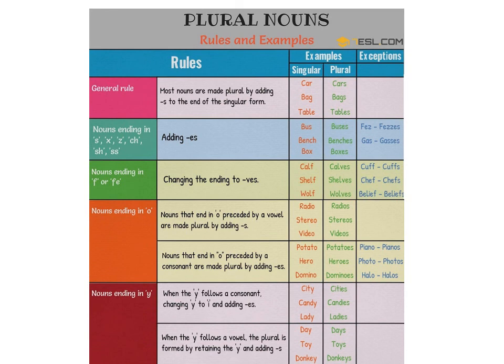And then nouns ending in y, if the y is preceded by a consonant, we need to change the y into i and then add es. But when the y is preceded by a vowel, it is formed by retaining the y and just adding s. Okay? We do not remove the y. We just retain it and then add s.